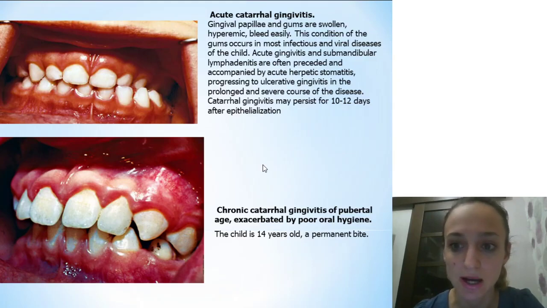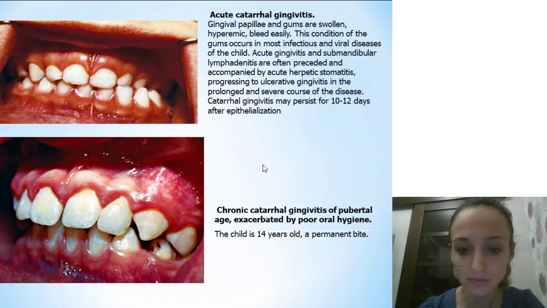Acute gingivitis and submandibular lymphadenitis are often preceded and accompanied by acute herpetic stomatitis, progressing to ulcerative gingivitis in a prolonged and severe course of the disease. And catarrhal gingivitis may persist for 10-12 days.